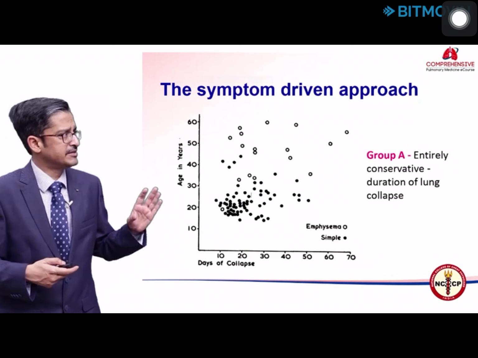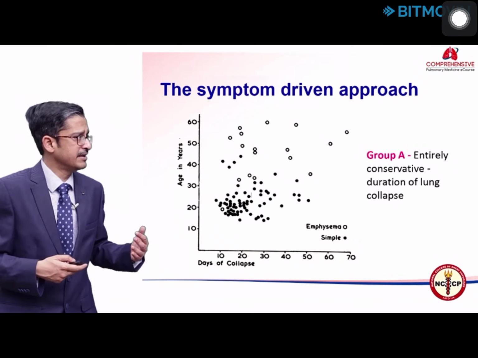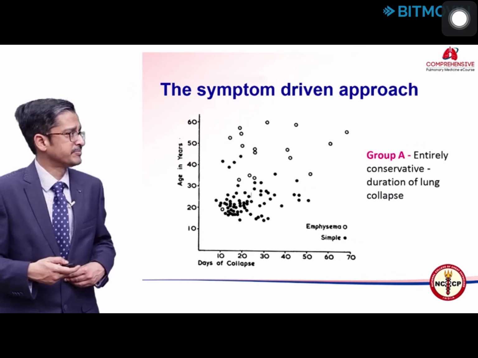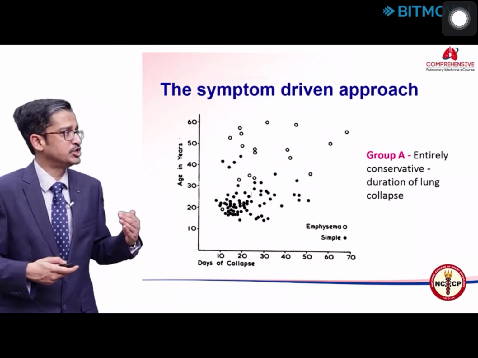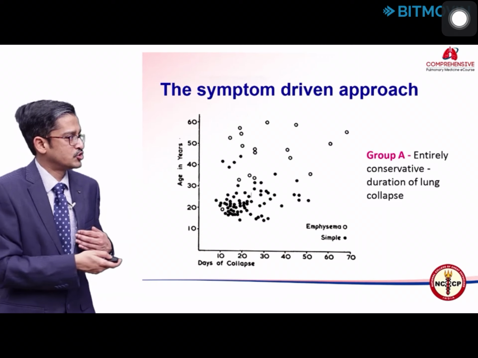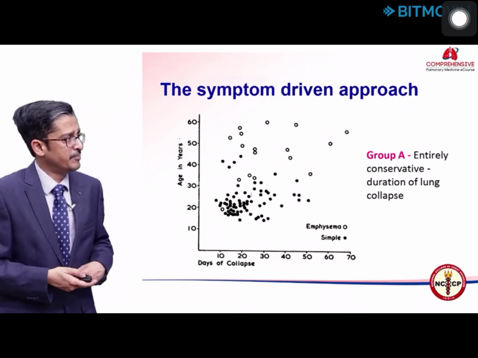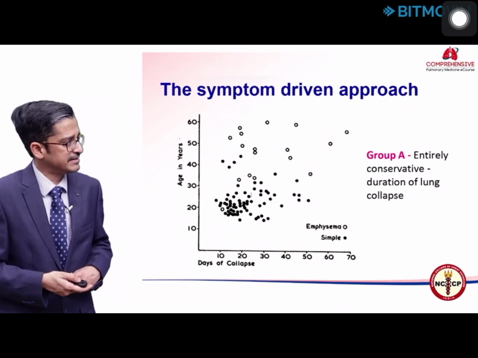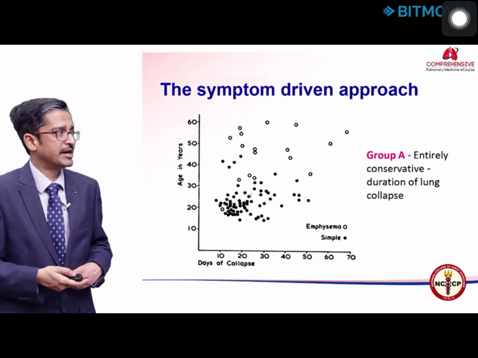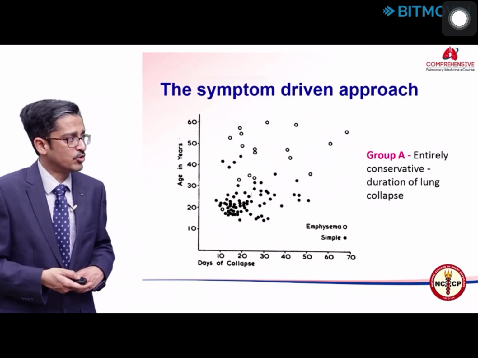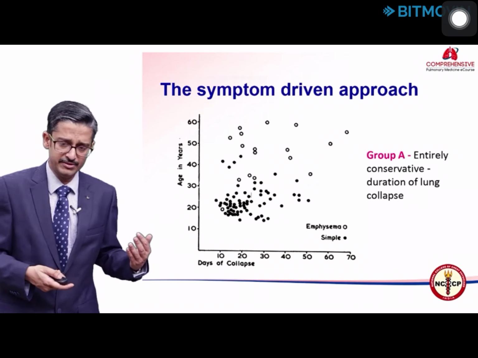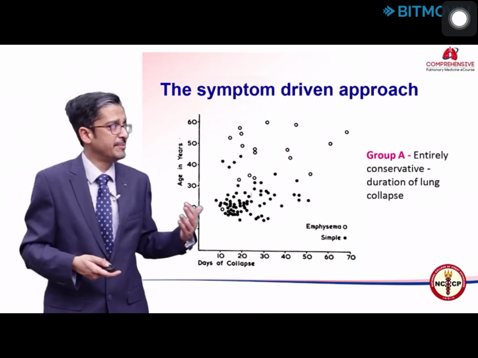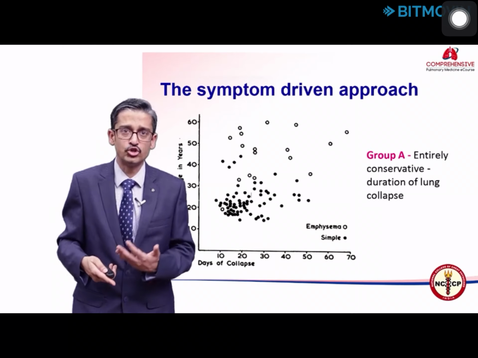If you look at the symptom-driven approach, group A is entirely conservative, and the results that you get here depend on the duration of lung collapse. So as you can see, if the number of days of collapse is greater, then your chances of lung coming up is lesser. Equally, you find that if the patients have underlying emphysema, the chances of the lung coming up in these patients is also going to be lesser.